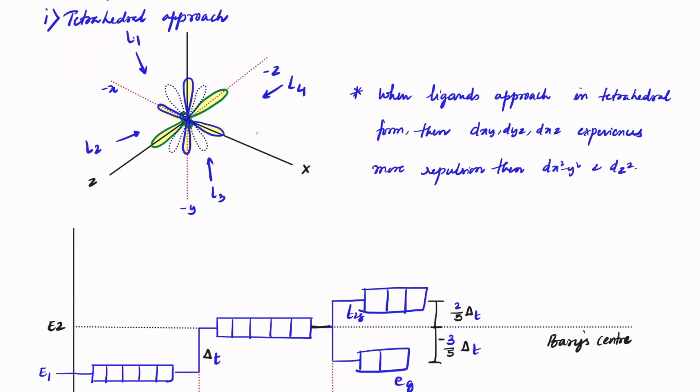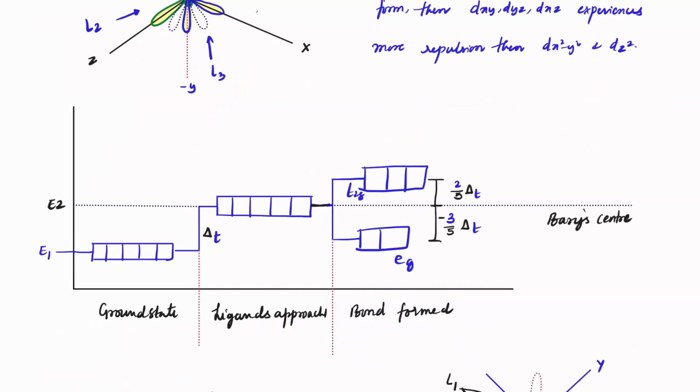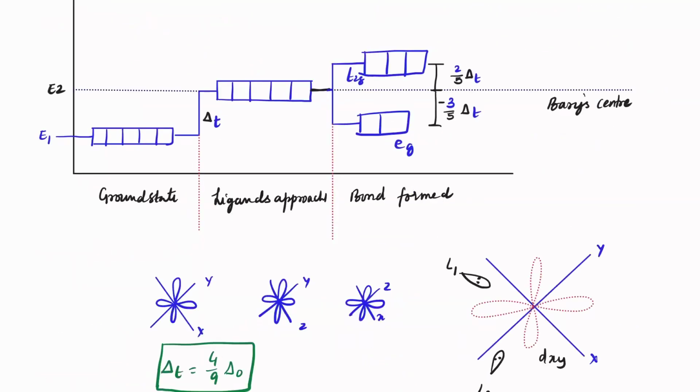So the amount of repulsion that they give on the d orbitals would be relatively less than what they give in the octahedral cases. So tetrahedral will always have a lesser splitting. So you can see delta T, which is a lesser splitting, right? But still there is some amount of energy increase.